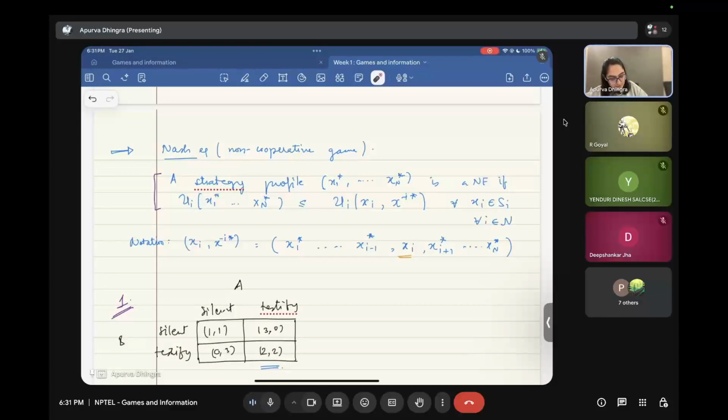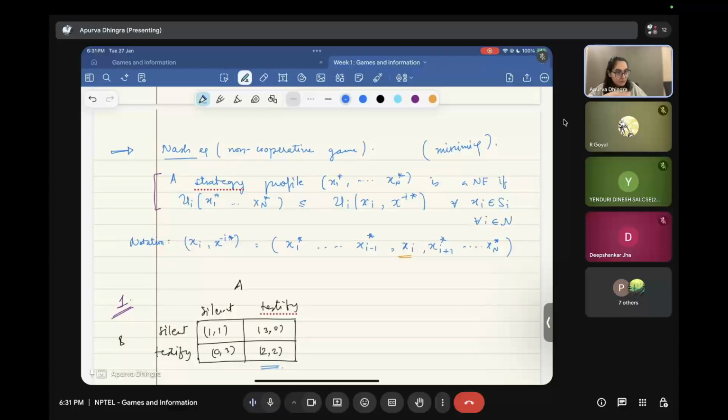A profile is basically the strategies or actions taken by all of the agents in the game, so for all n of them, is said to be Nash equilibria if there is a certain behavior expected in utility. Now, notice we're talking about this type of inequality here, meaning we're restricting ourselves to games where agents are actually interested in minimizing.